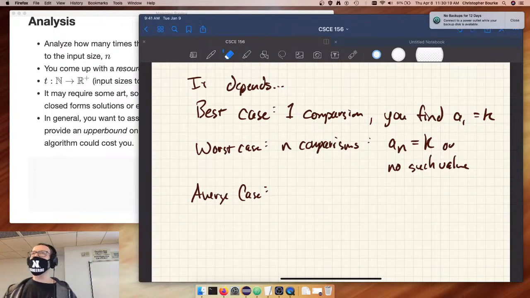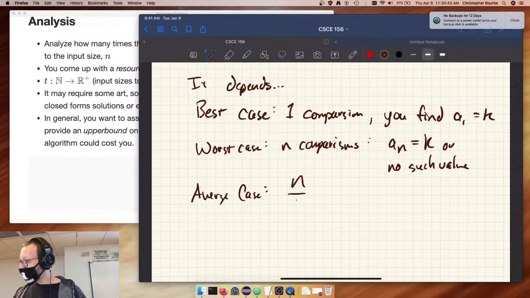The actual amortized analysis would require you to define a probability distribution on the successful search for each element, and then how many comparisons it took for you to find that element, sum them all up, take an average, and then of course the probability of an unsuccessful one, and so on. And guess what? You come up with the exact same answer. N divided by 2, approximately, right?